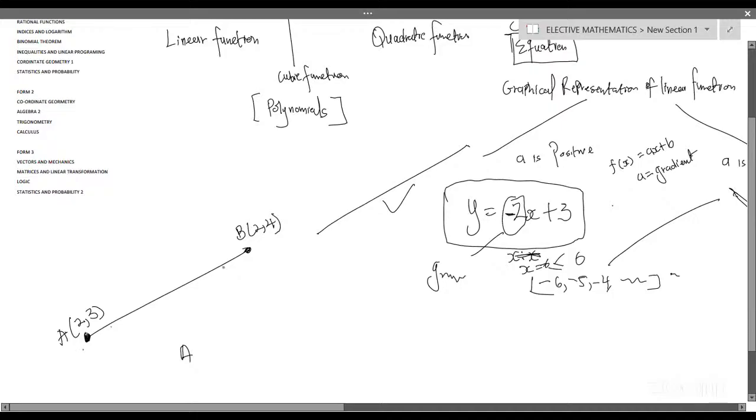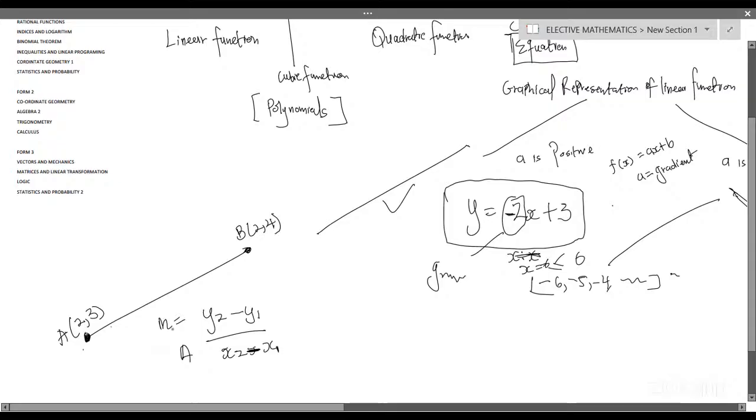Now, with this, you can find the gradient of the line, right? You know that the gradient of the line, which is m, is equal to what? y2 minus y1 over x2 minus x1. I believe you are familiar with this formula, right? Yes. Good. So this will give you the gradient of the line.